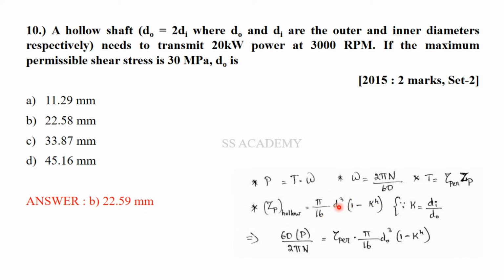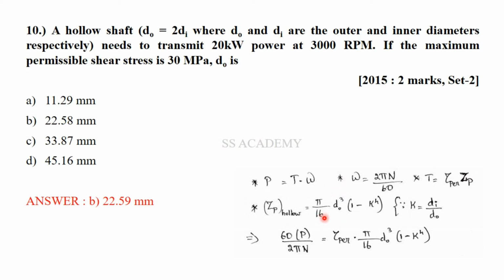Jp refers to the polar moment of inertia of the hollow circular shaft, divided by r0, the outer radius. You will be getting this formula again.